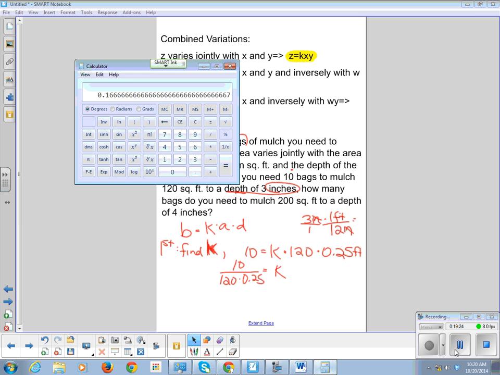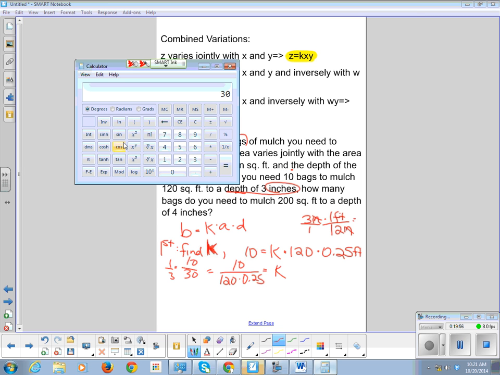You guys good with that? So I want this as a fraction. So let's do it like this. 120 times 0.25 is 30. Ew. We can convert that, 10 over 30. So 10 divided by 30 is 1/3. So K is equal to 1/3.